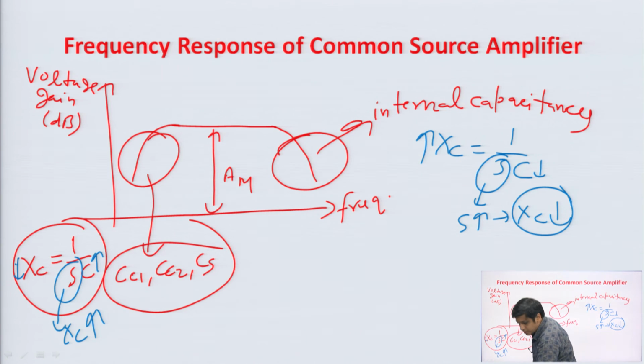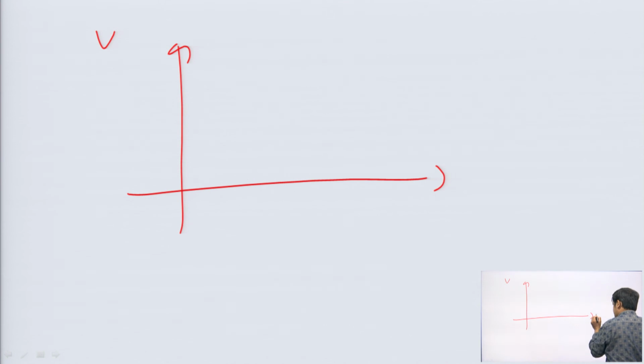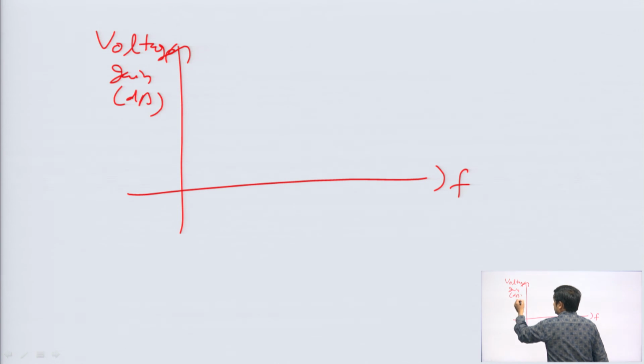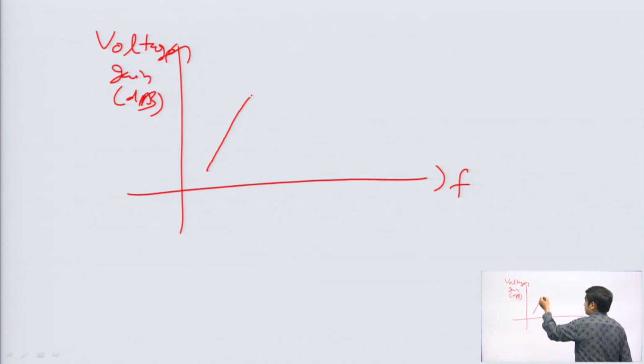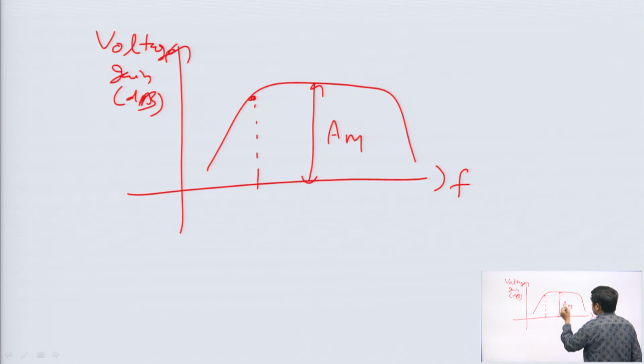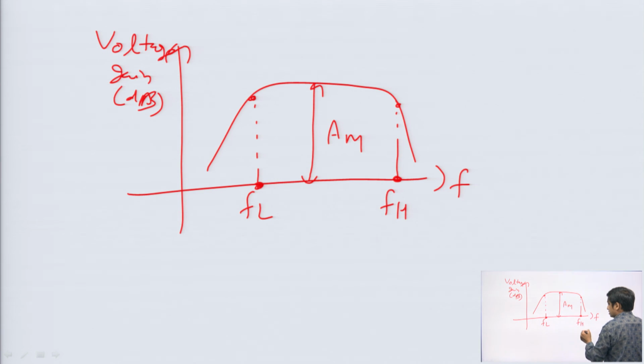Now, one more thing I want to mention here: the curve which we are getting here has frequency on the x axis and voltage gain in dB on the y axis. The curve is like this. This is your maximum gain, called the midband gain, in dB, and two important terms are defined here, one is FL and another is FH.